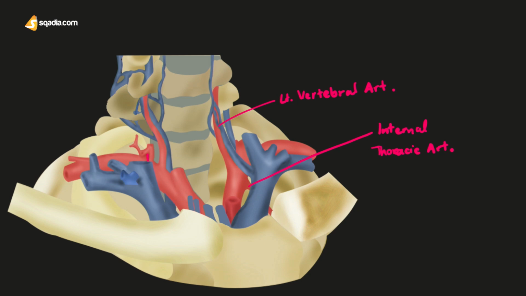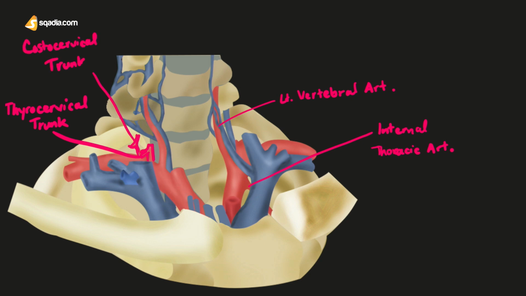So one of these is this one, and this one moves posteriorly. So this one here is the thyrocervical trunk. And this one here is the costocervical trunk. So these are the 4 main branches of the subclavian artery.